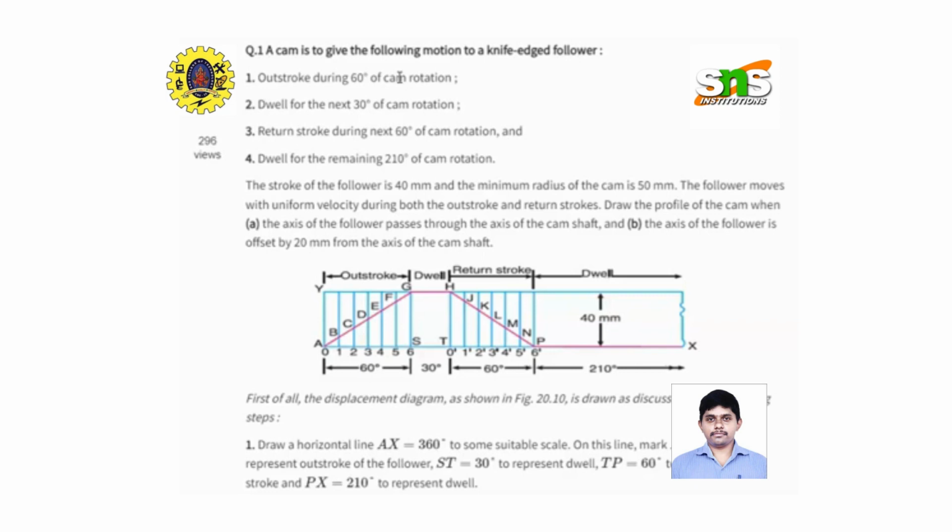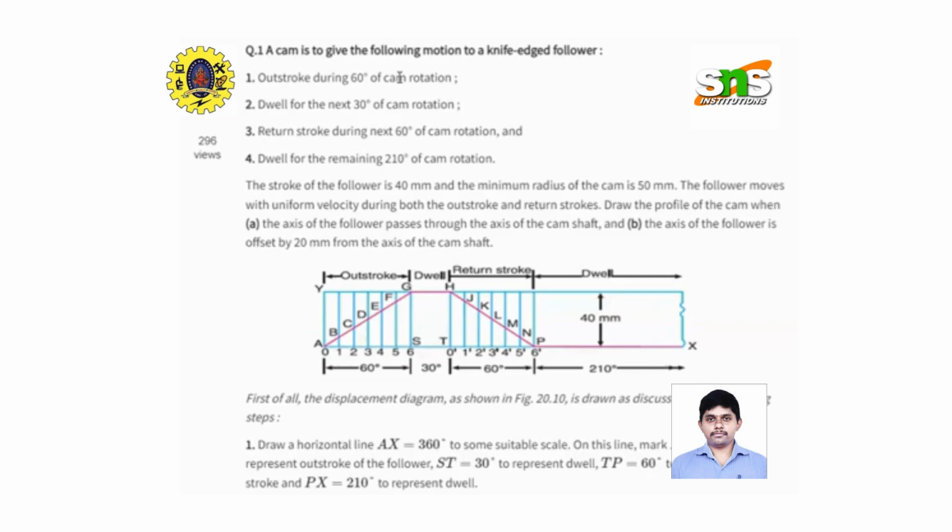According to the given data, we need to construct this diagram. Outstroke means the follower makes a movement in the upward direction. When the cam starts rotating, the follower moves upward. In the second statement, dwell means that at a certain point of rising, the follower doesn't have any motion. It stays idle, and that idle motion is what we call dwell.